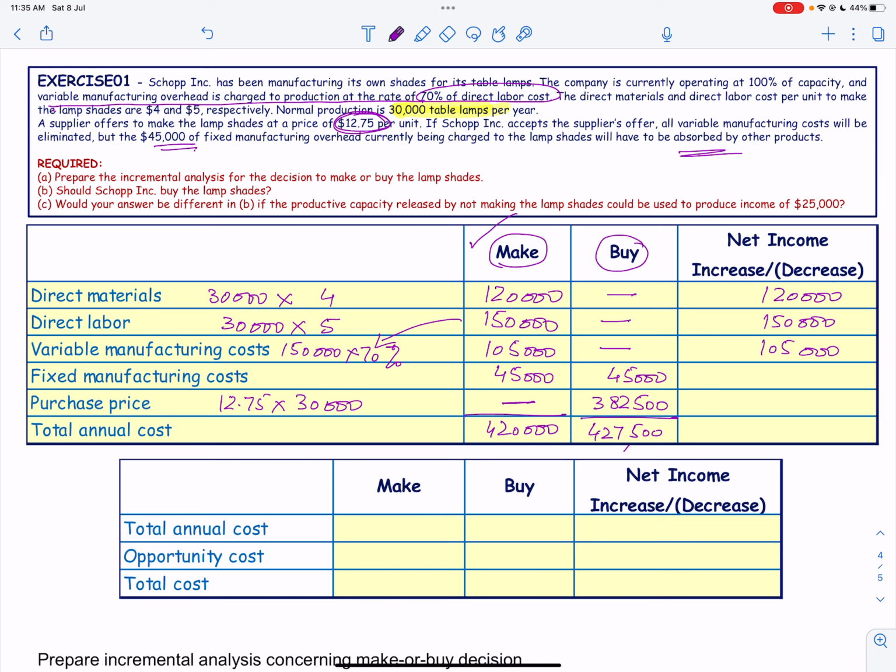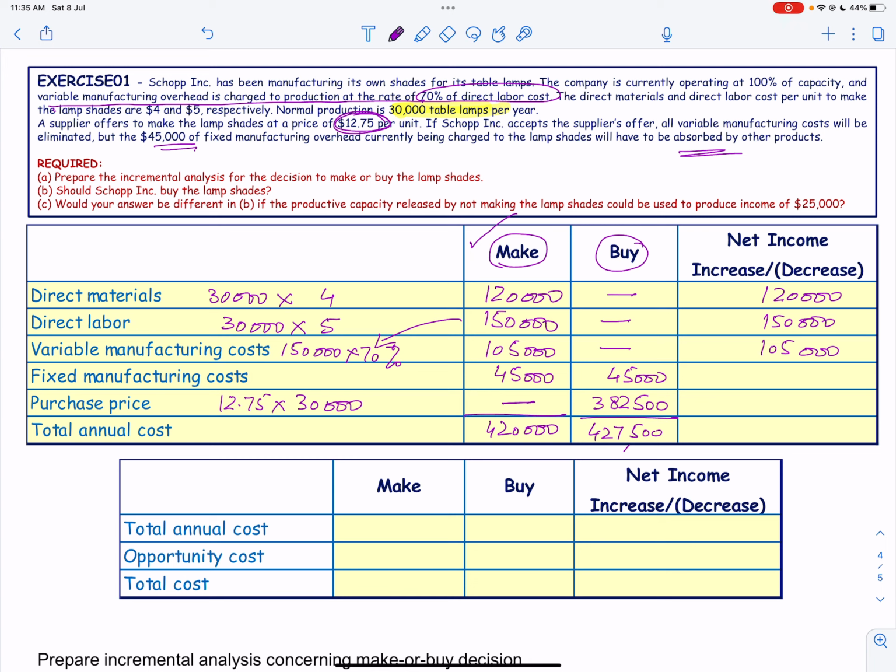Now, when we say relevant cost, obviously those costs that are going to be impacted, but cost and revenues that do not differ across the alternatives should be ignored when we are going to choose between the alternatives.